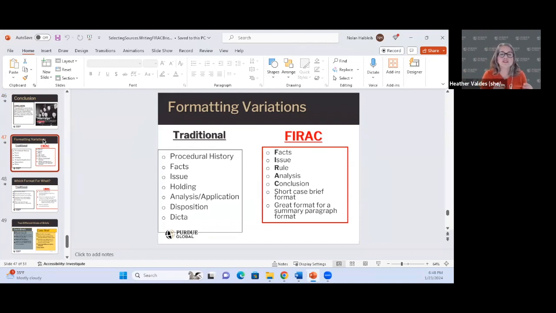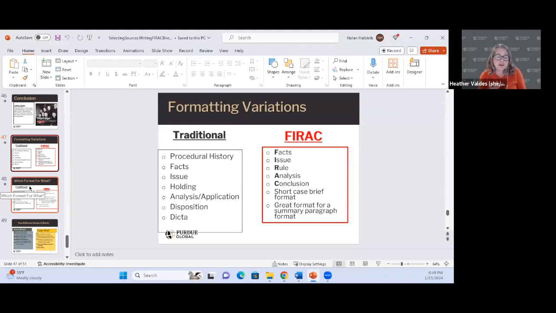In law school, they taught us a traditional method of case briefing, and you'll notice it has many more sections in the case brief than the FERAC format: procedural history, facts, issue, holding, analysis, application, disposition, dicta. The traditional method, and if you take LS 204, legal research and writing, you're going to brief a case using this more traditional method. And we practice a FERAC case brief in LS 244, advanced legal research and writing.